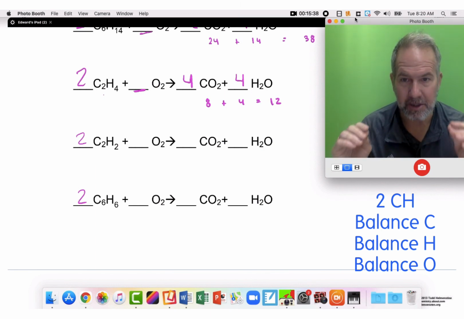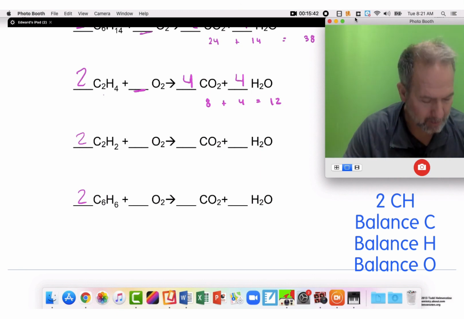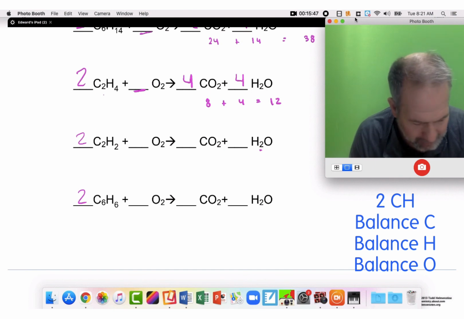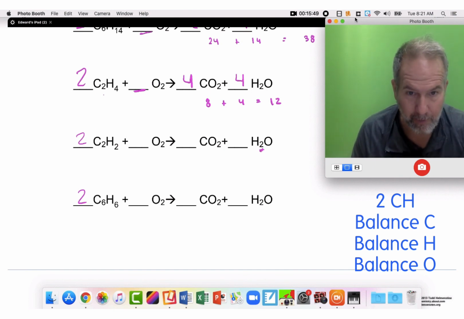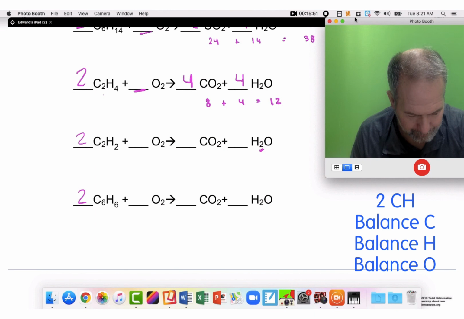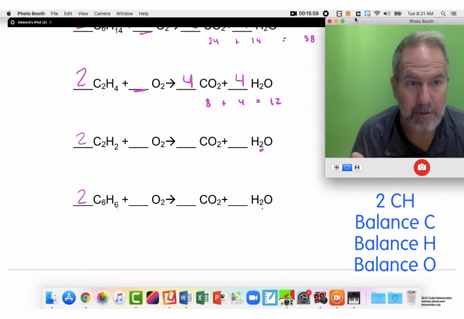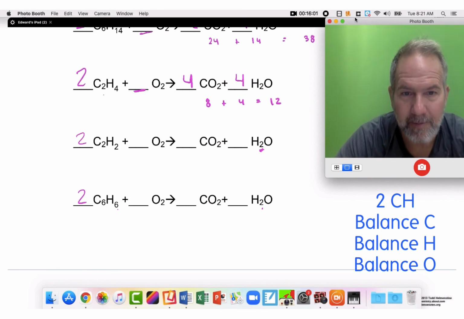Go to the H's. Now we're on the second to the bottom one. 2 times 2, and then you have a 2 already. So you have 4 C's, and 4 H's, and you're going to need a 1 over here to make that 4. 2 times 6, and then you're going to need what times, that equals 12, right? So what times 2 equals that, 12, all right?